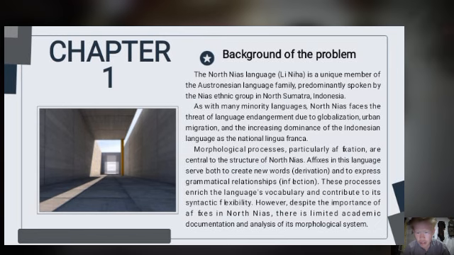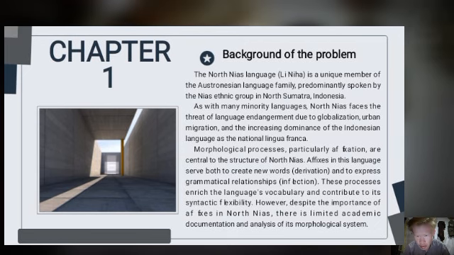Morphological processes, particularly affixation, are central to the structure of North Nias. Affixes in this language serve both to create new words, derivation, and to express grammatical relationships, or inflection.